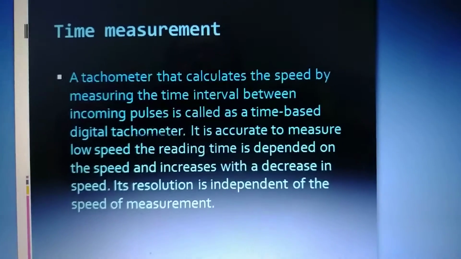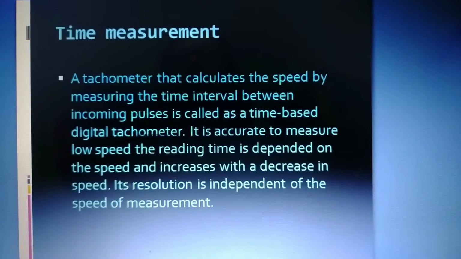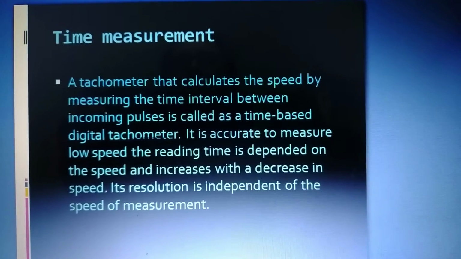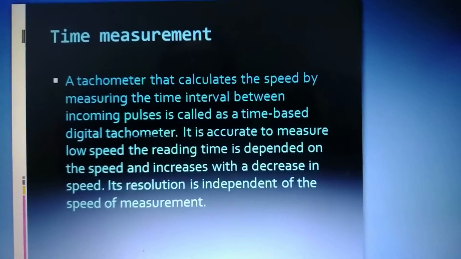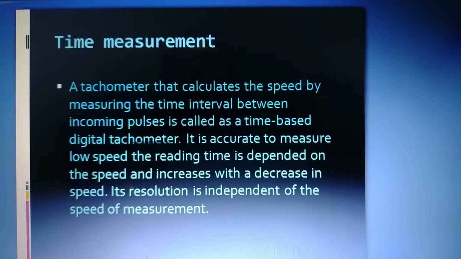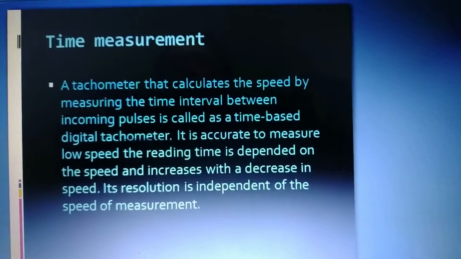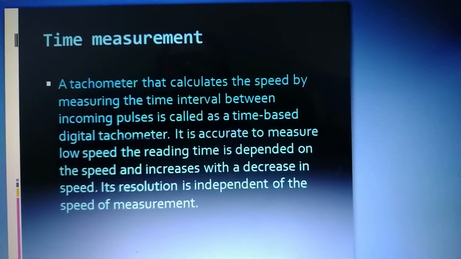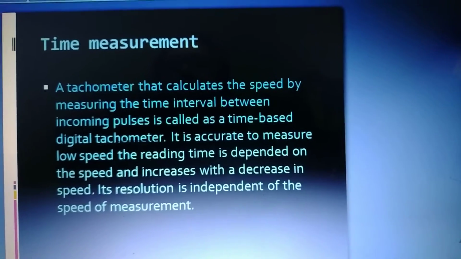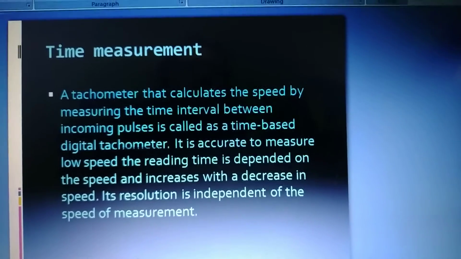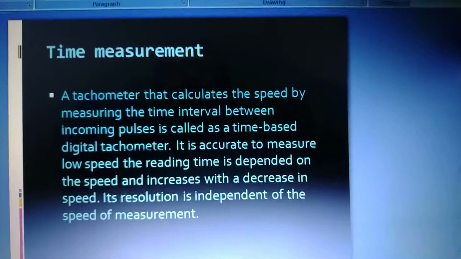Time measurement: a tachometer that calculates the speed by measuring the time intervals between incoming pulses is called a time-based or digital tachometer. It is accurate for measuring low speeds. The reading time depends on the speed and increases as the speed decreases. Its resolution is independent of the speed of measurement. It is continuous.